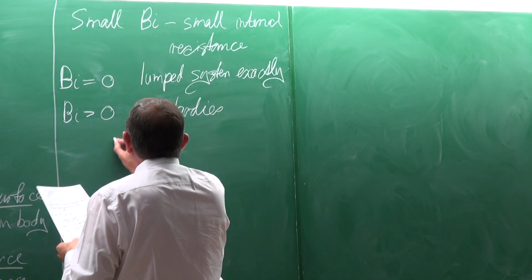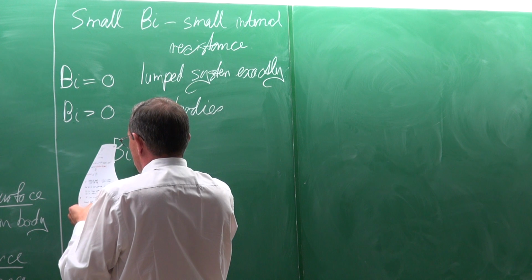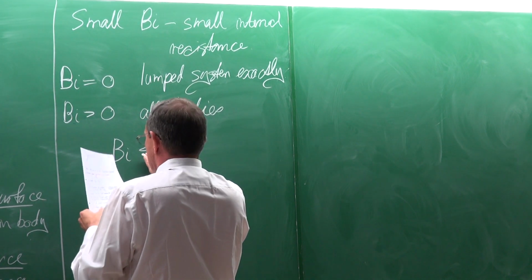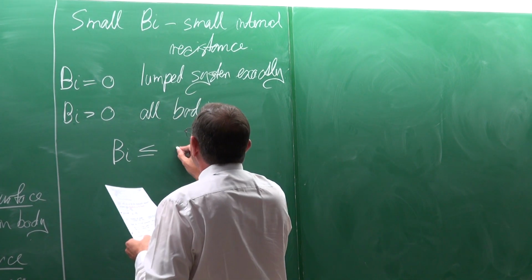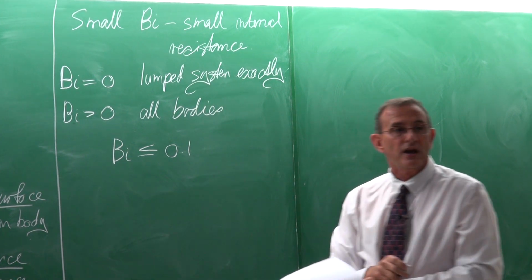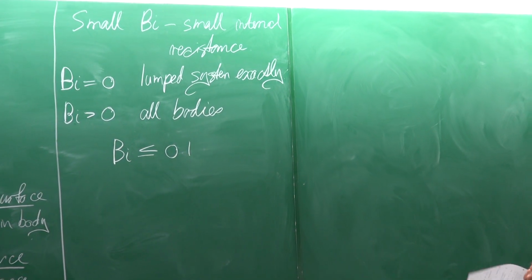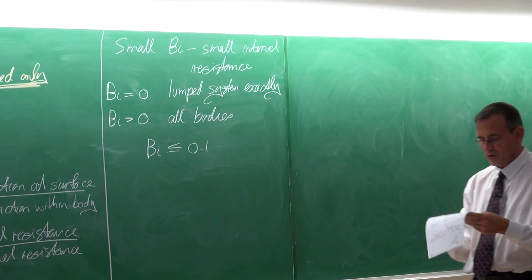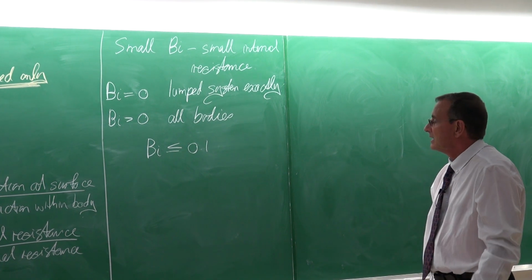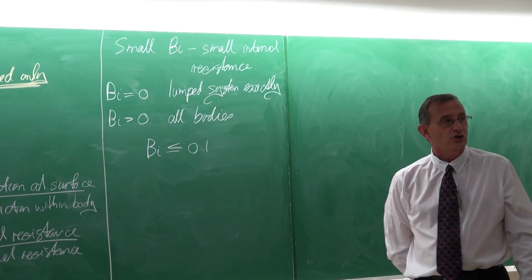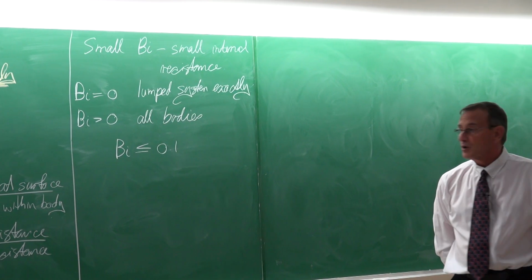In general, a good criterion is when the Biot number is smaller than 0.1. If the Biot number is smaller than 0.1, then typically we can use the lump system approach.